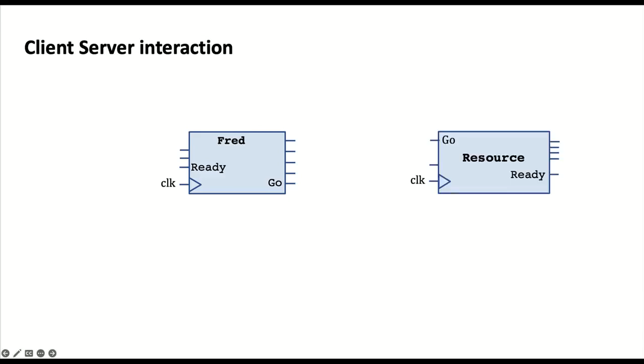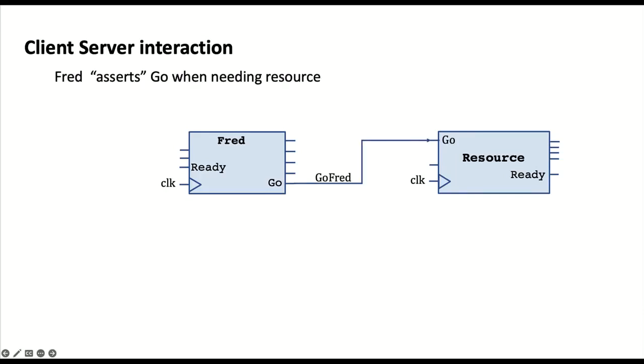Okay, but that's not always the case. Sometimes the component may be busy and can't respond right away. So maybe you have a client, maybe Fred, and it needs to use a resource. Fred has to ask the resource, hey, I'd like you to do something for me.